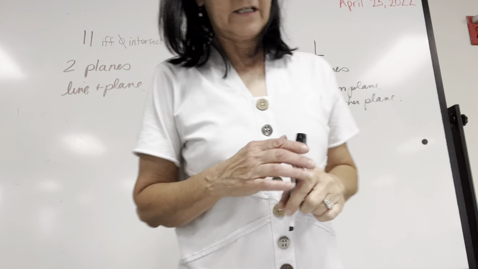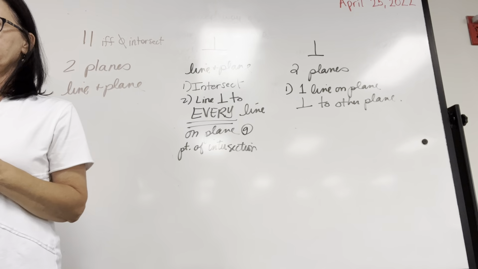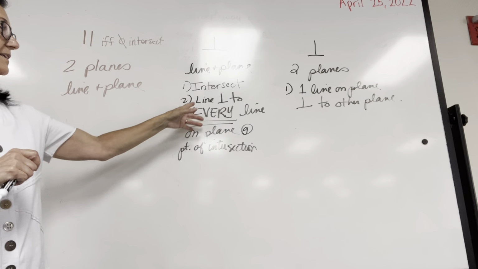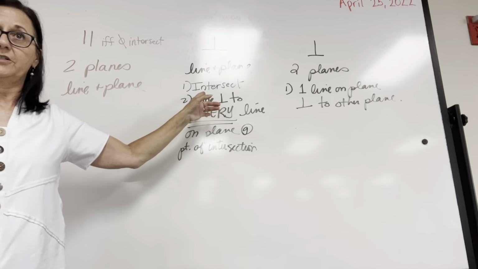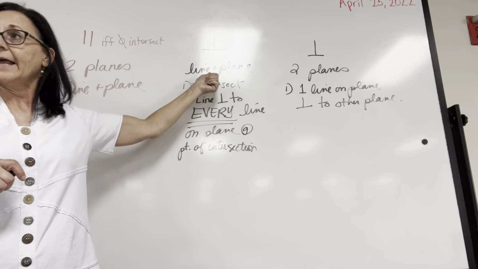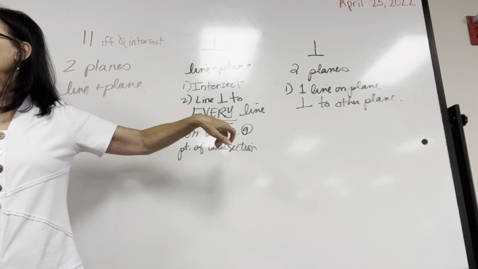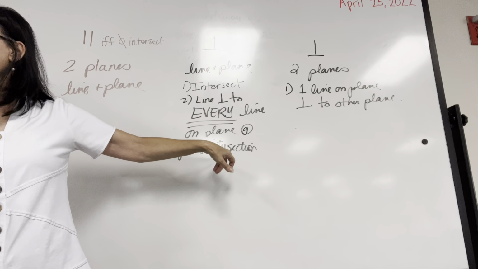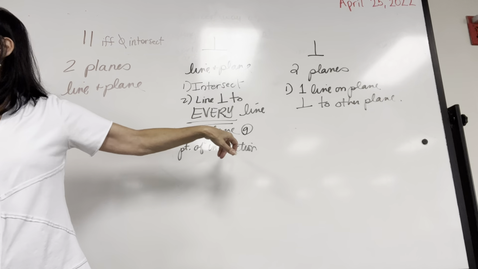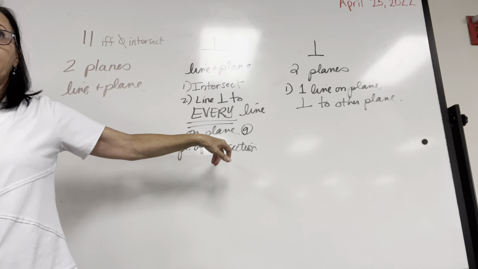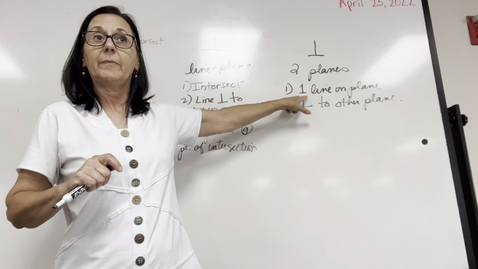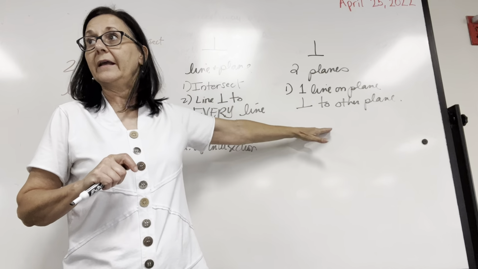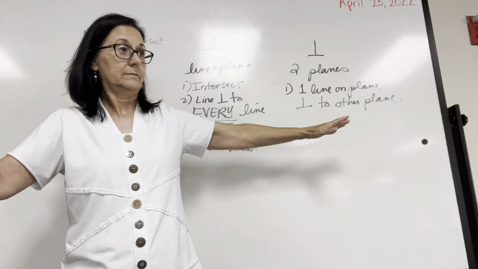This is the difference I wanted to really draw your attention to. If we have a line and a plane, it has to be every line on that plane perpendicular to that one line intersecting it. Here, we only need one line on the plane to be perpendicular to the other plane. That's it. We only need one.